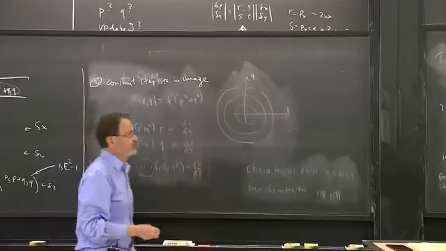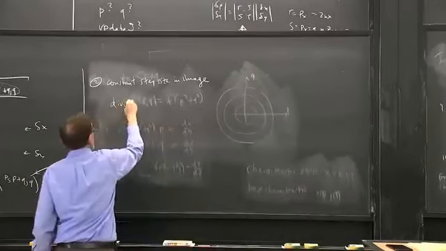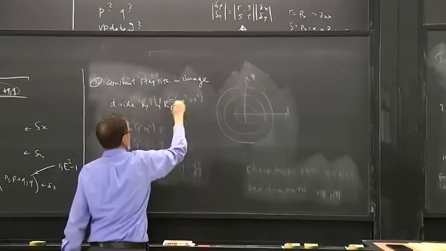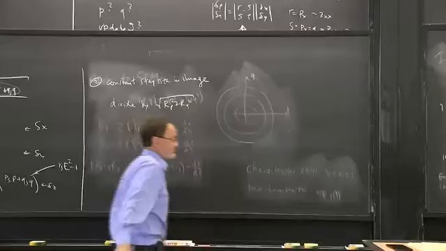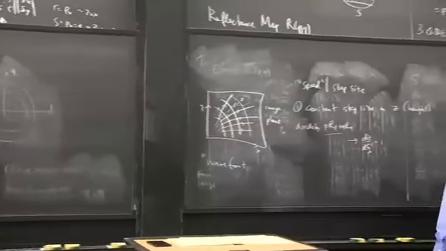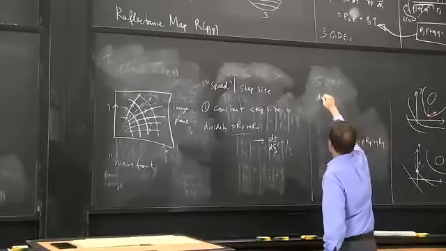And those are proportional to Rp and Rq. So we divide by... I shouldn't have wiped out these equations here because it's handy to have them at this point. dx.